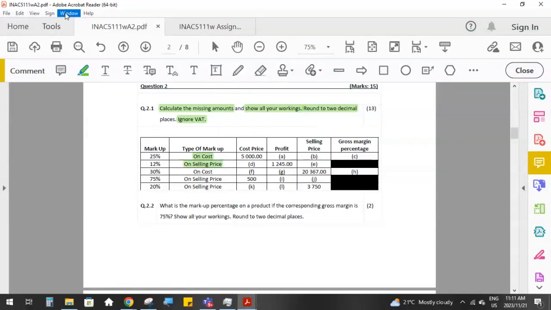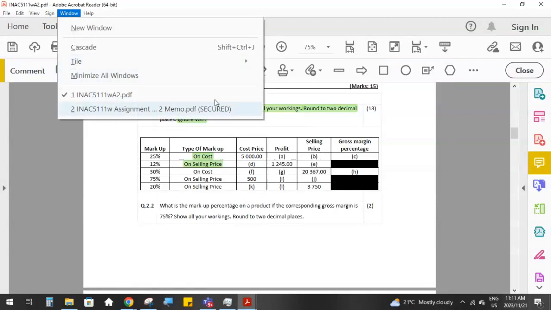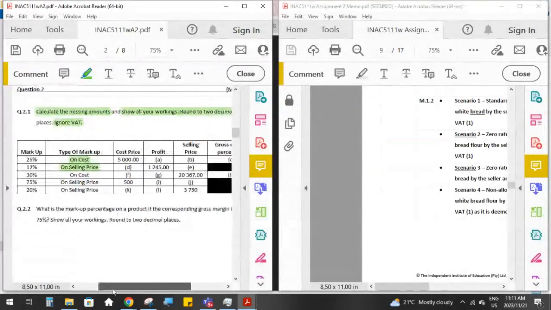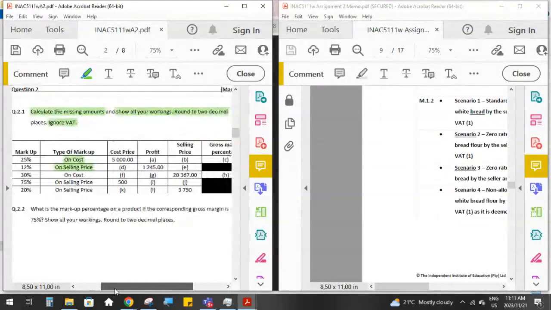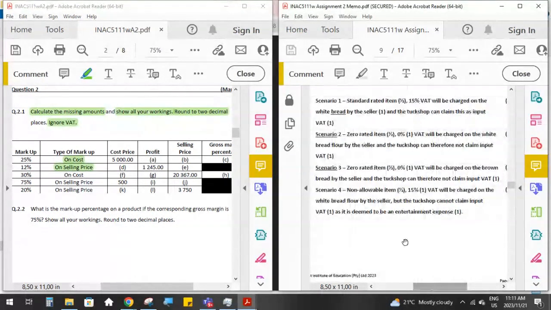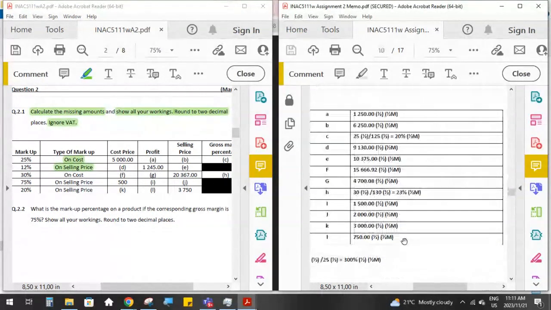I'm going to just tile these so that I can see them next to each other. There's our question, and here are our answers.